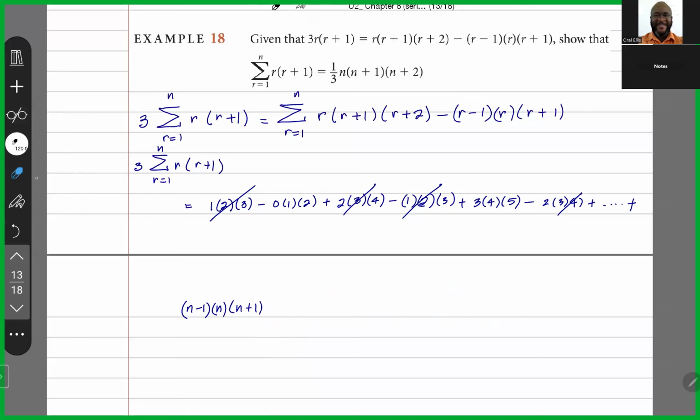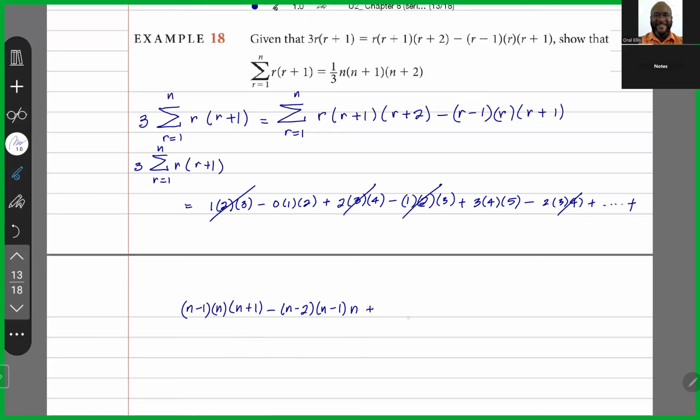So this is the n minus 1 term, so we get the minus of it. This is n minus 2, n minus 1, n minus 1 plus 1, which is n. Good.